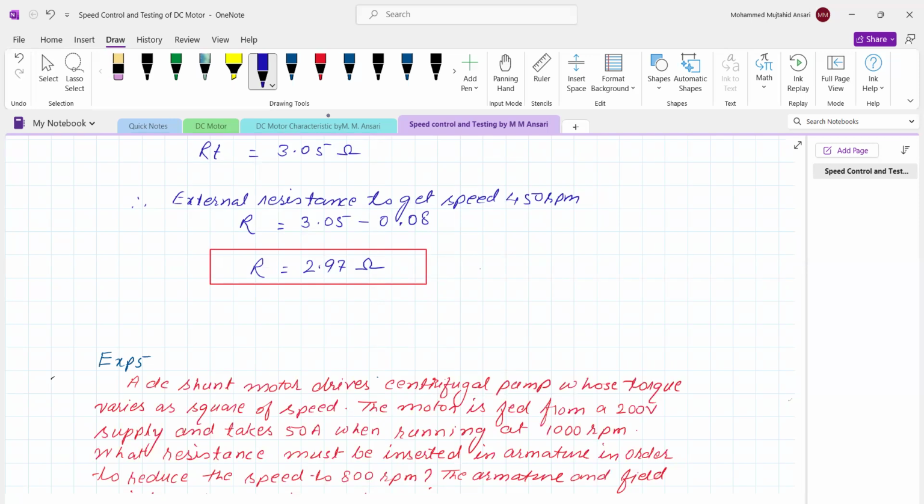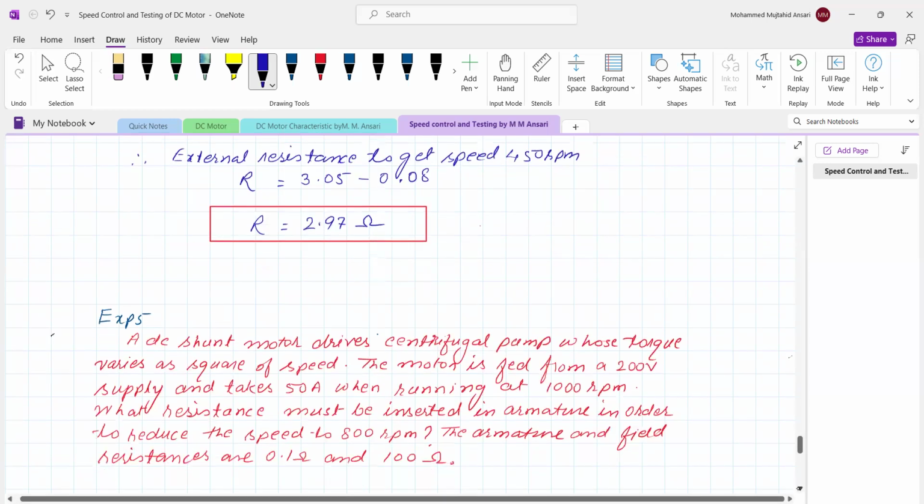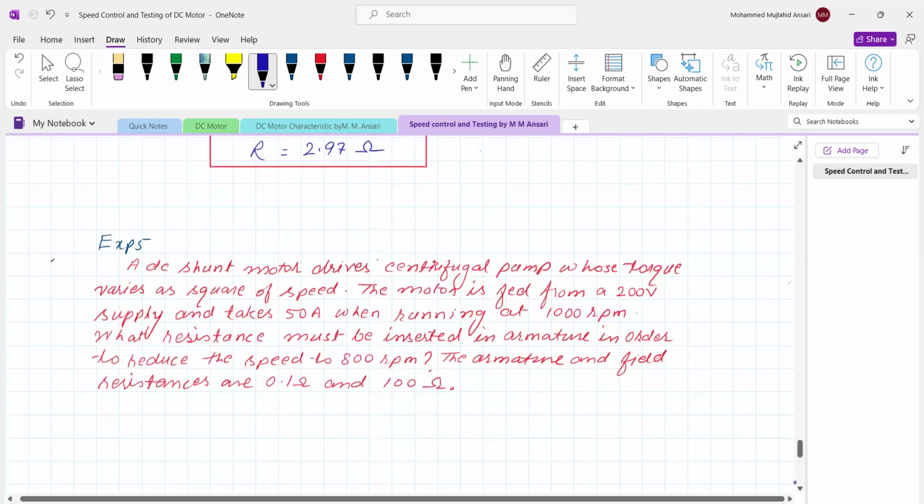What resistance must be inserted in the armature in order to reduce the speed to 800 rpm? So again, this is the DC shunt motor, and we have to insert resistance in the armature circuit. So it is the armature control method where we have to put the resistance in series with the armature circuit.